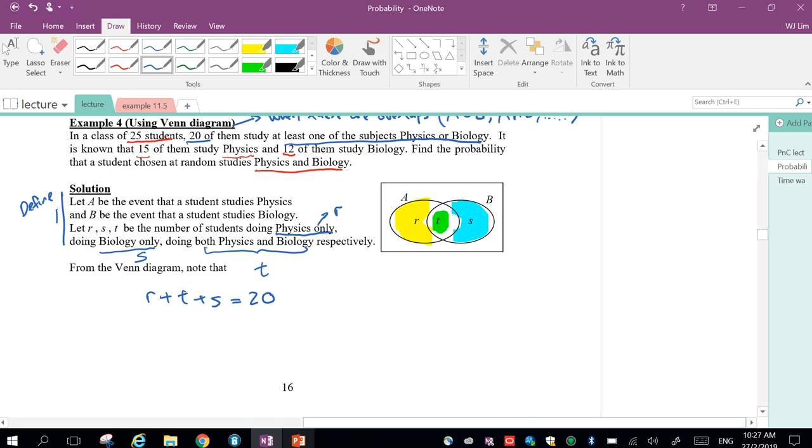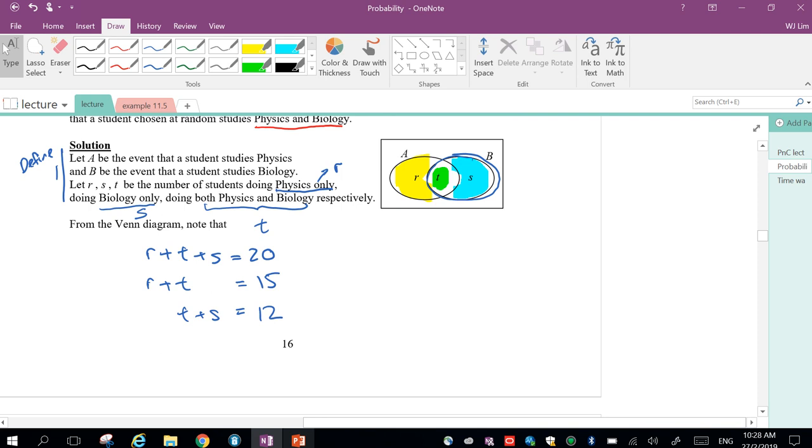Okay, how about the 15? 15 study physics. So physics is just R plus T, just 15. Okay, so in this part, the event A is R plus T, this is 15. Okay, how about the 12? 12 study bio. So bio is where? It's just the Venn diagram, it's just the event B, right? Here, event B. So it's T plus S is 12.